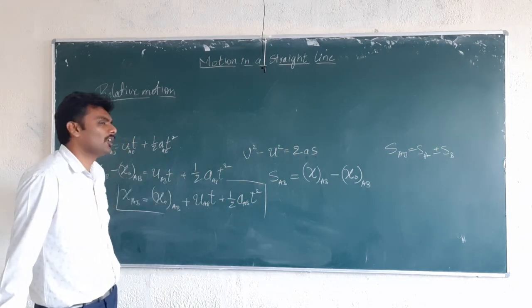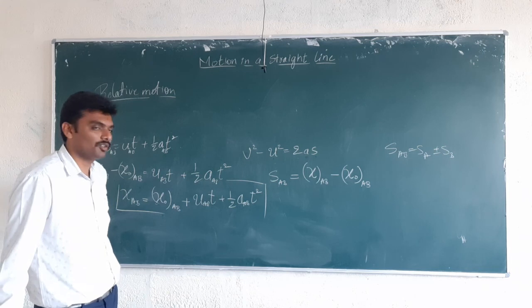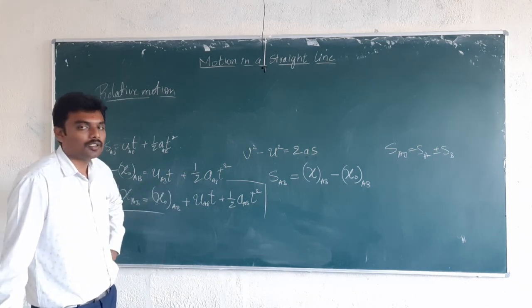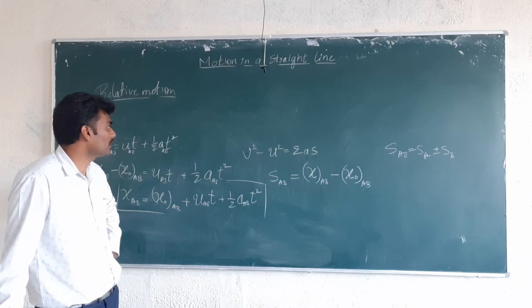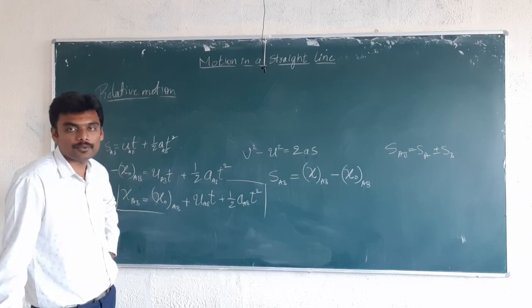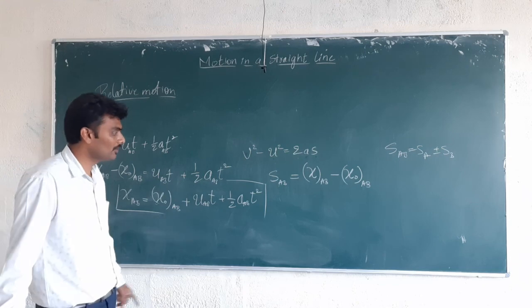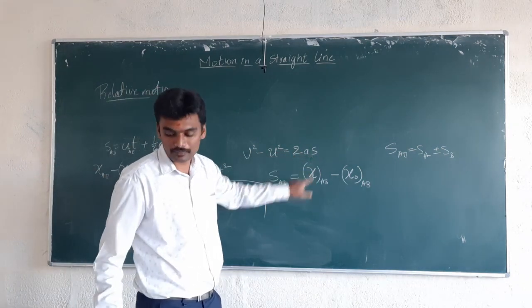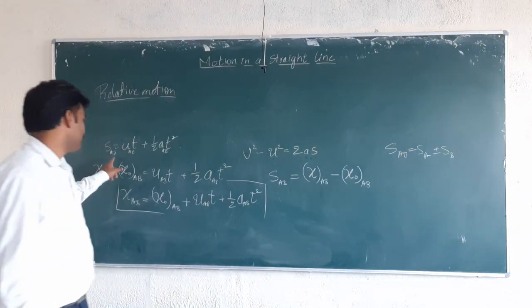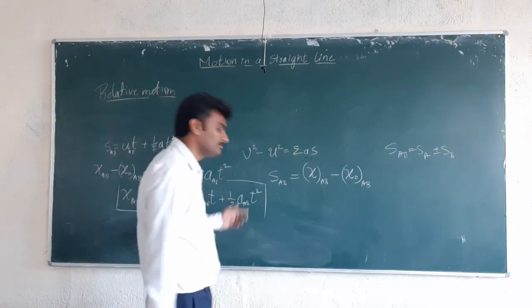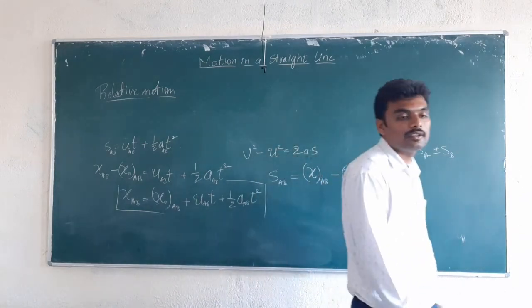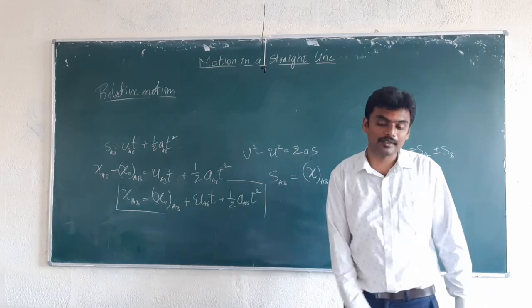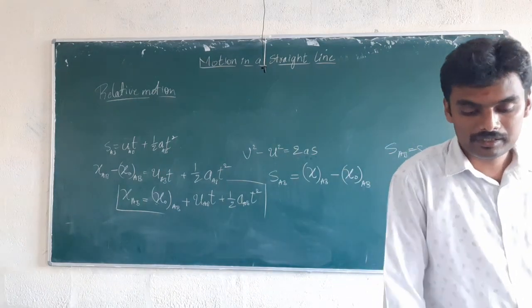Displacement is always final position minus initial position. You know that, right? And the same thing is carried even for the relative situation, the relative motion. Understood? So this is what should be put here in the place of S. Clear? That is what we did to change the second equation of motion for the relative situation.